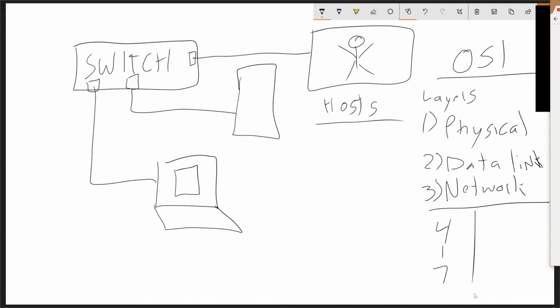And what these layers do is, as a message is sent, it goes through kind of these layers. And a message would be some form of communication between one device, maybe this computer right here wants to stream a movie to my TV.